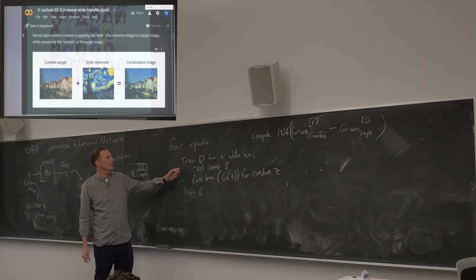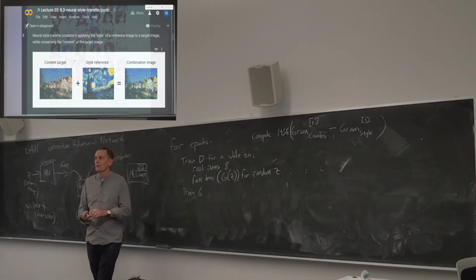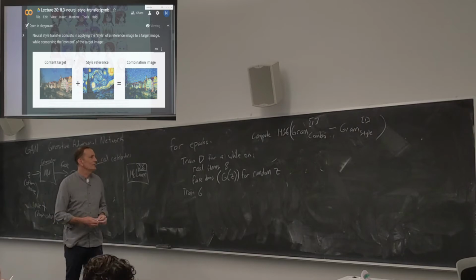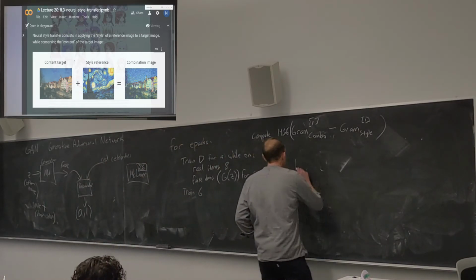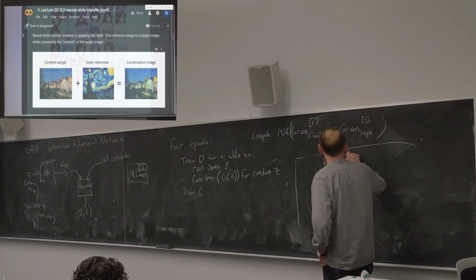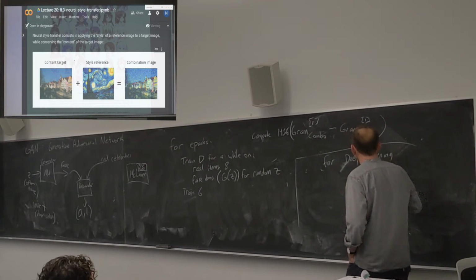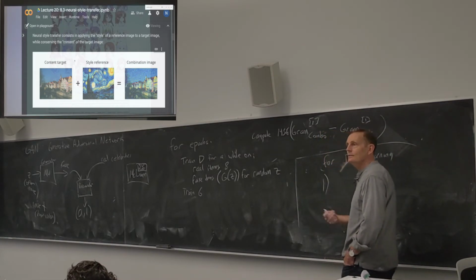Actually, we don't even know how to train D yet, do we? Do we have a loss function? We have the inputs. There's 3 things. I don't know if I've explicitly said this. For a neural network, or for deep learning, you need 3 things. What's one thing you need?